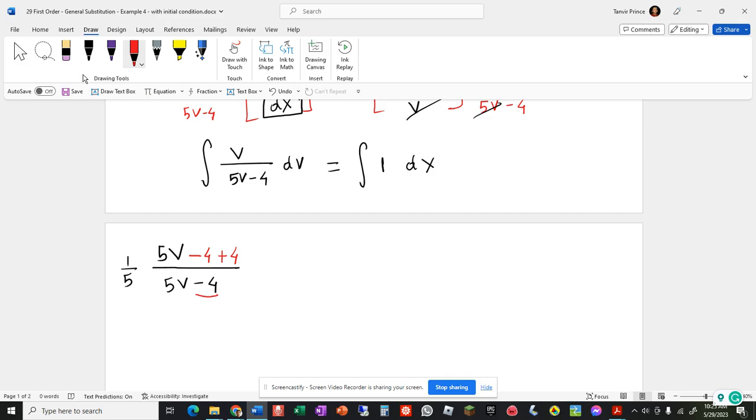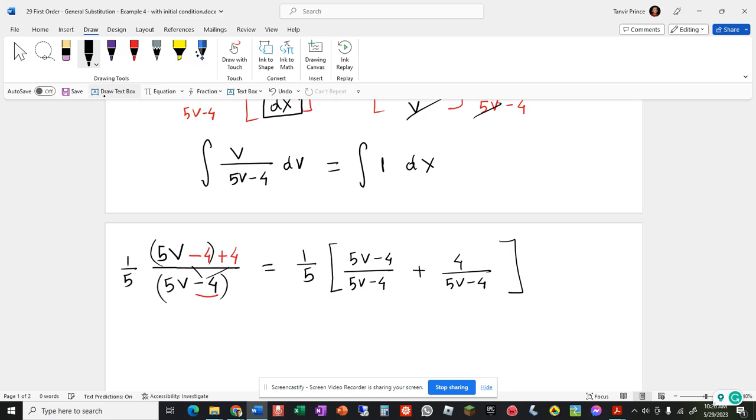So if you continue, I get 1 over 5. And then you can distribute this denominator under each one. It's a simple trick. You will get used to this type of trick as we go along. Or if you're confused, you can always do the long division of polynomial, which I'll not do here.